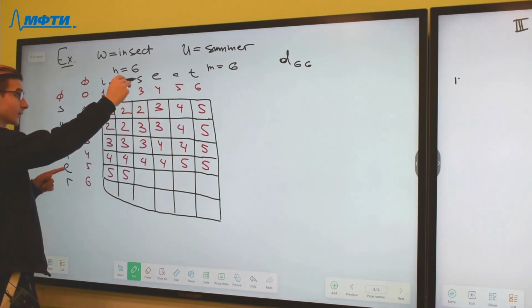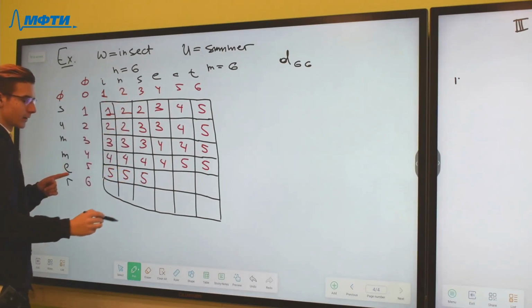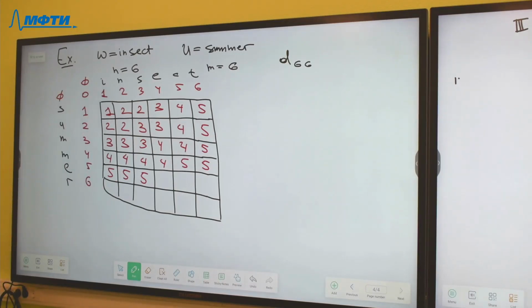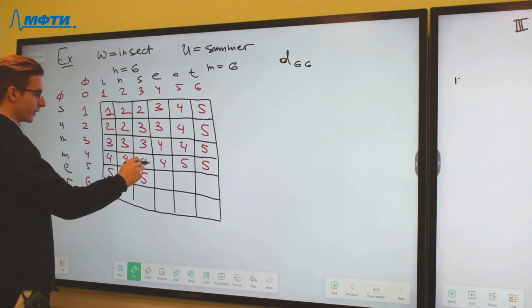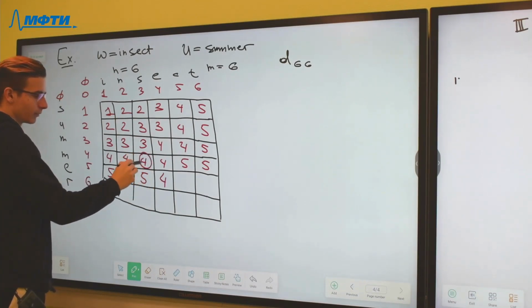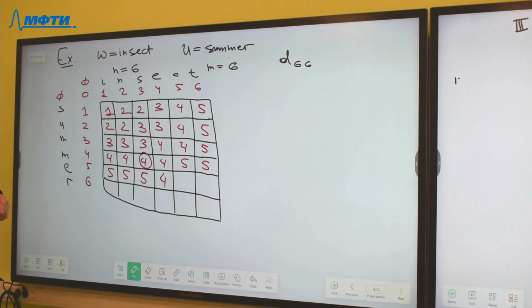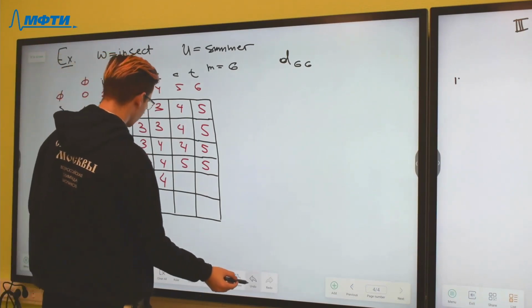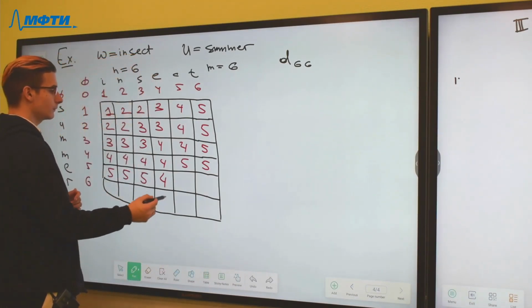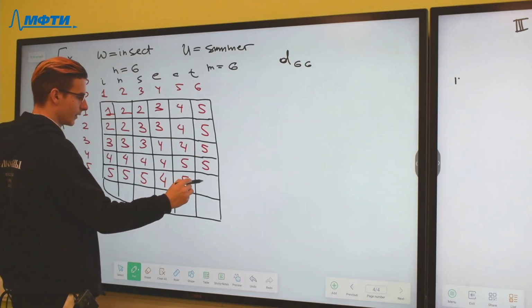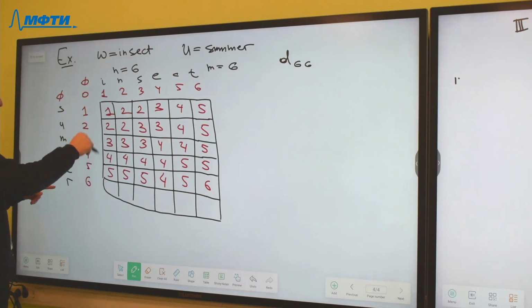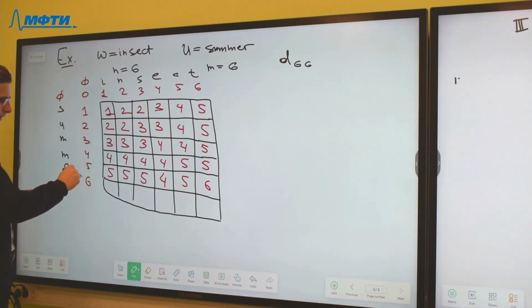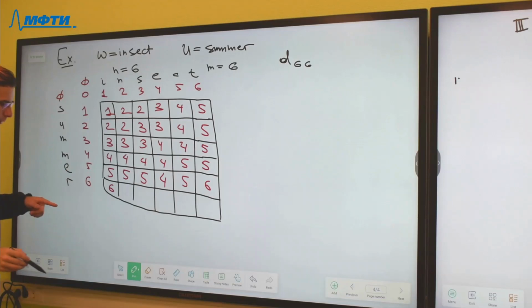Compare these characters, they are not equal. Right, here 5, 2. Then we compare E and E, we can write here this number. Five, 6. Then for R, we compare these numbers and add 1.